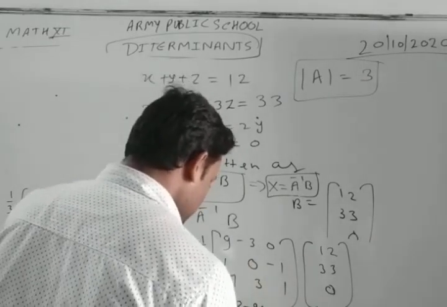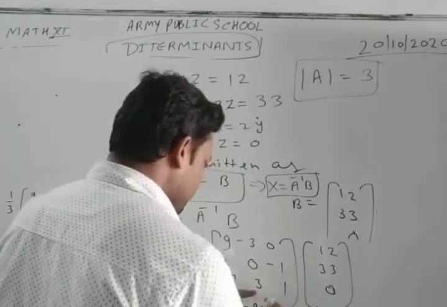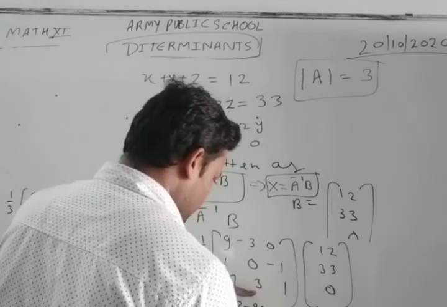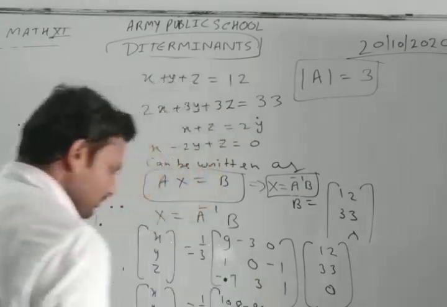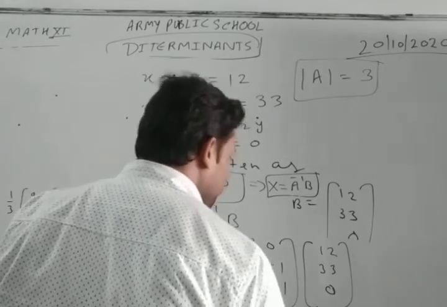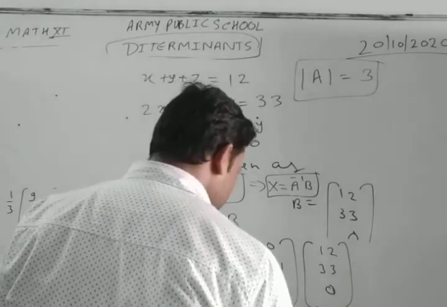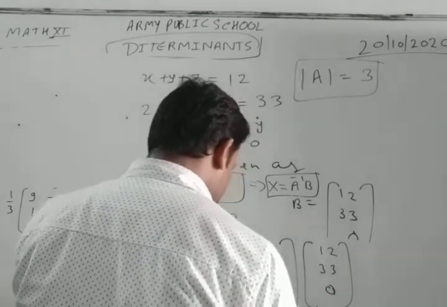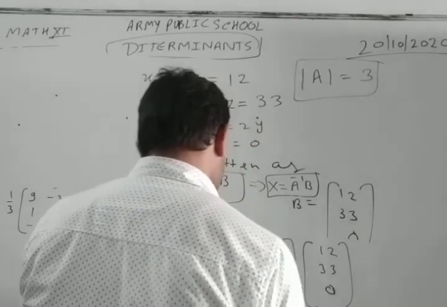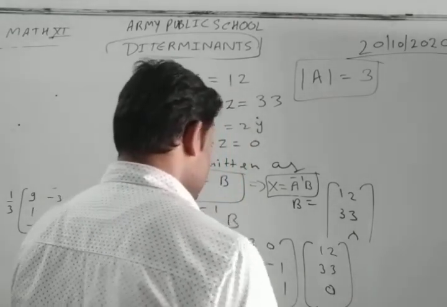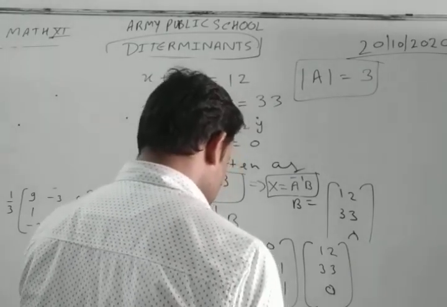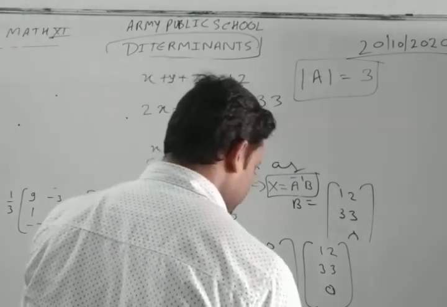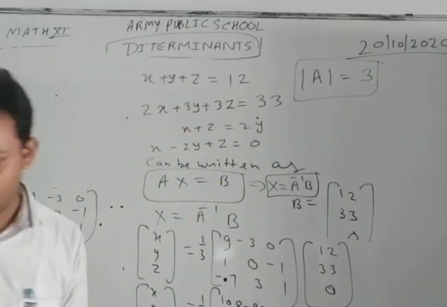And minus 84 plus 99 plus 0. We get 1 by 3 times 9, 12, and 15.